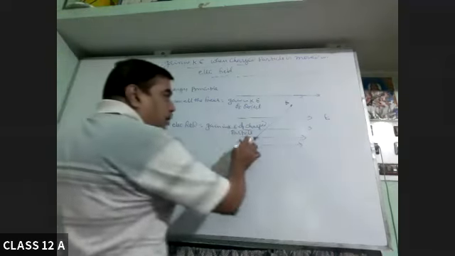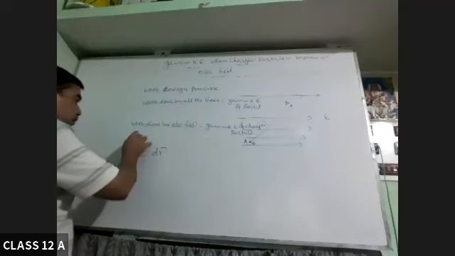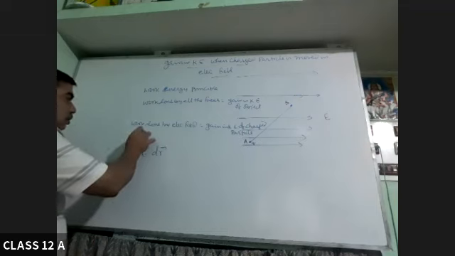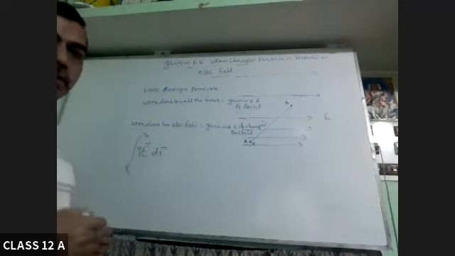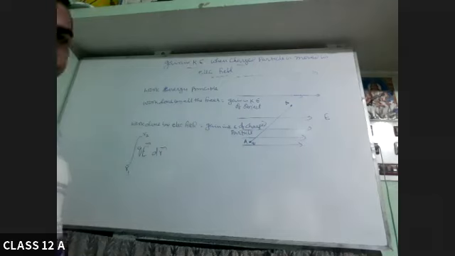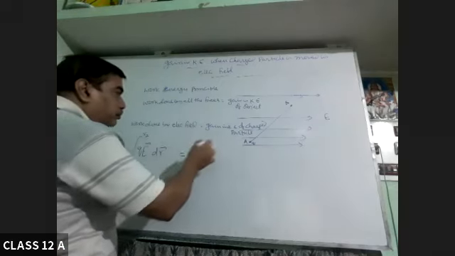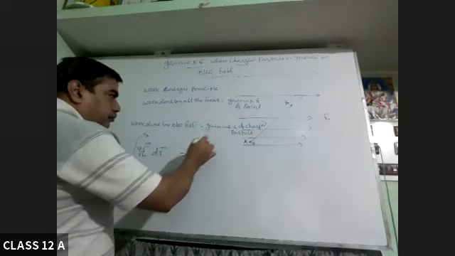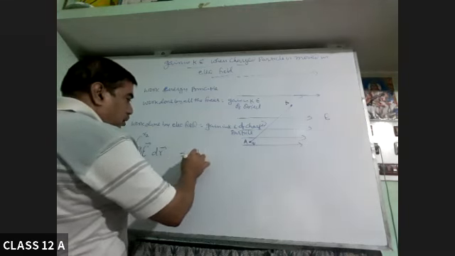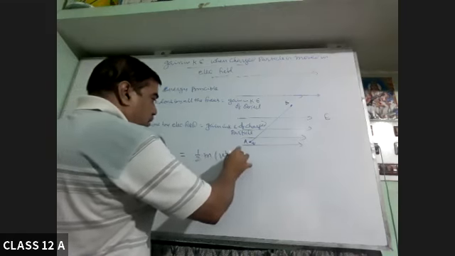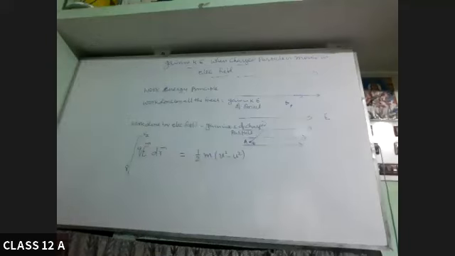If we go from here to here, a longer distance, then we will integrate it, whatever the value of r varying from r1 to r2. So this is equal to half m (v square minus u square), that is the change in kinetic energy. So this is the general formula for work done.